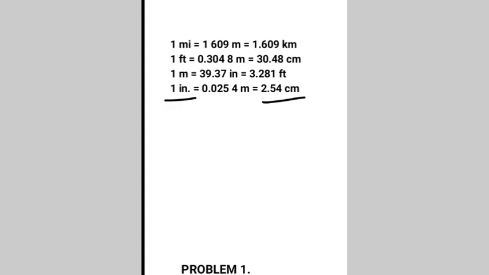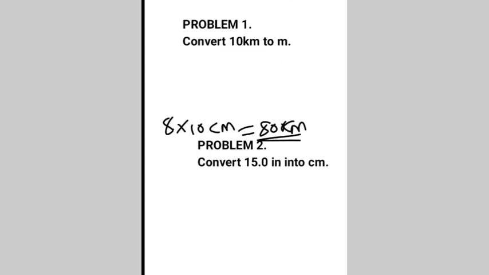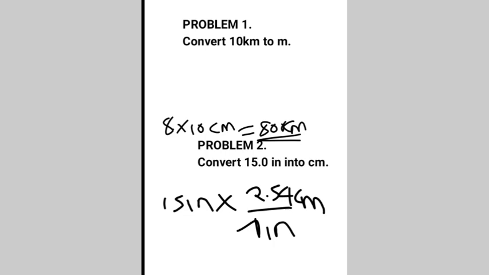To convert 15 inches into centimeters, we have 15 inches multiplied by 1 inch is the same as 2.54 centimeters. We are converting to centimeters, that's why I've put the centimeters on top there.